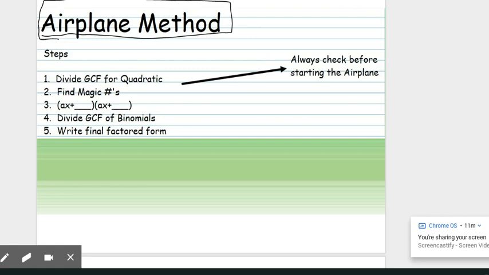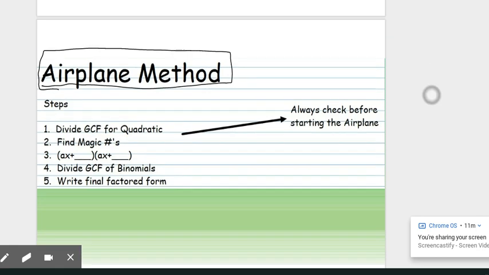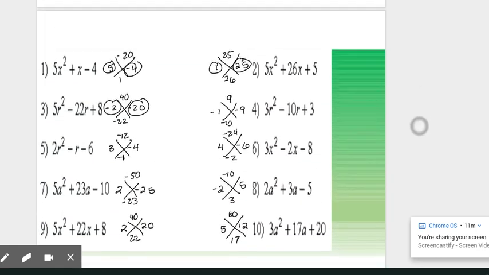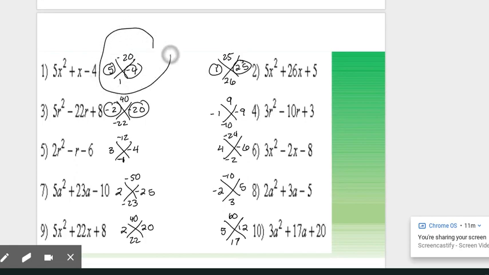When I was taught this, it was just all guess and check. We just kind of had to figure it out. And that's not a very fun way. So the one thing that is important that we can't get around is this: we have got to be able to get these magic numbers. If we can't get the magic number, we can't factor.